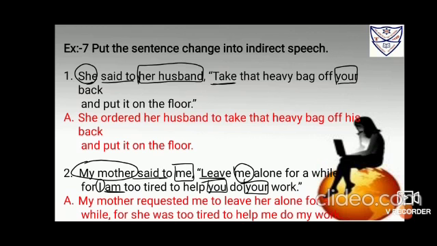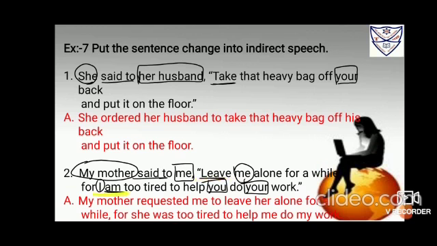Number 2, my mother said to me, leave me alone for a while, for I am too tired to help you do your work. So said to is the reporting verb. Leave me alone, so it's the mother who is saying, so the mother requested me, okay. Now you go for the reported verb, that is leave, okay.